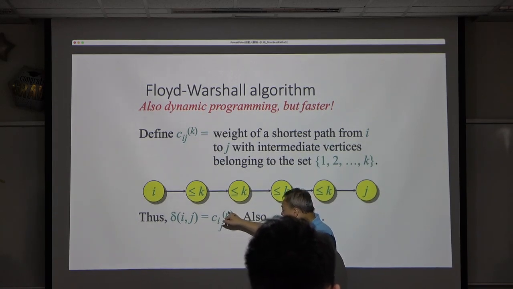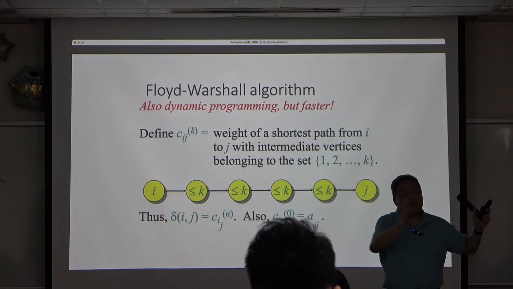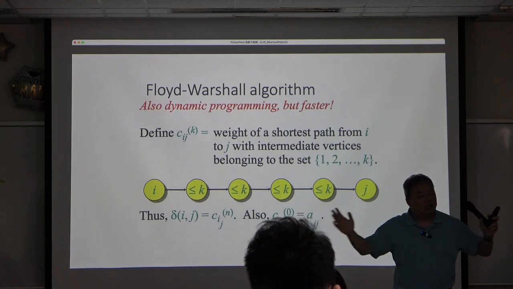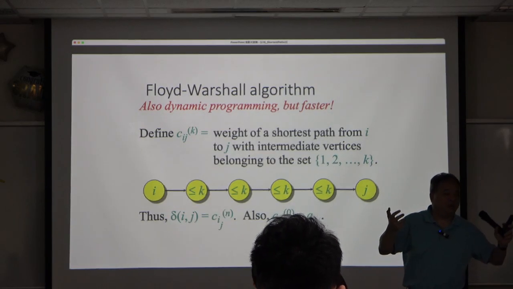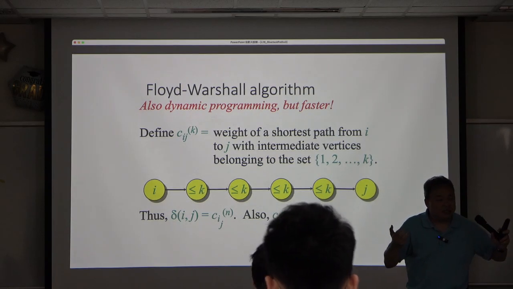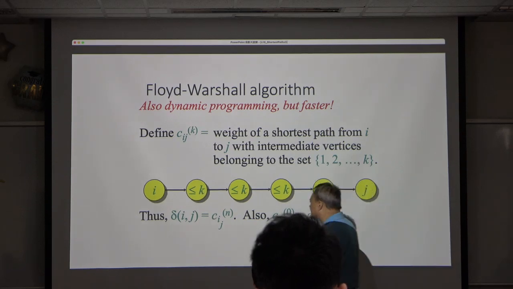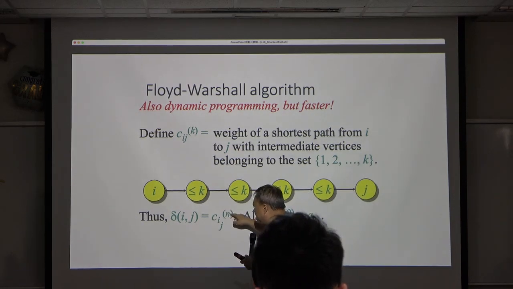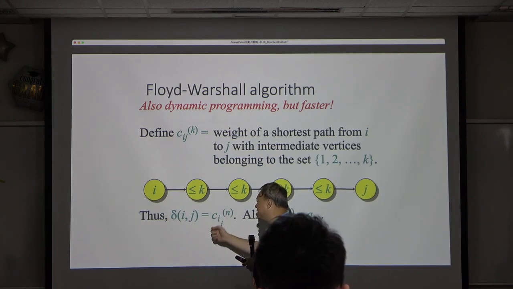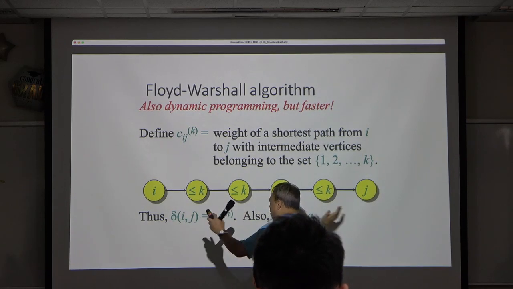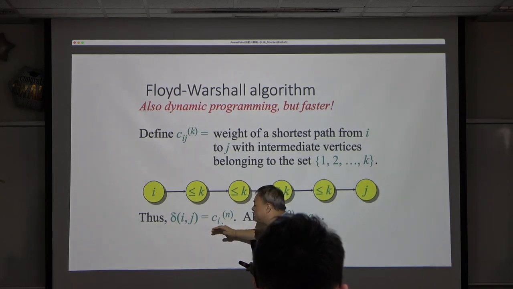Because when you put n here, it means you allow any node to be an intermediate node, since any node has a number smaller than or equal to n. So there is no constraint on intermediate nodes, and obviously this must be the shortest path.